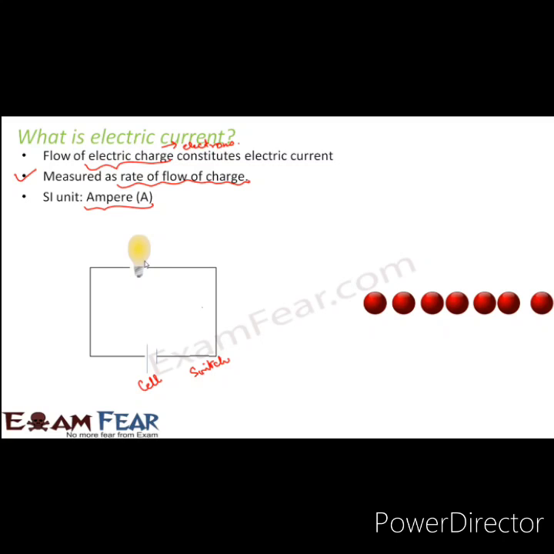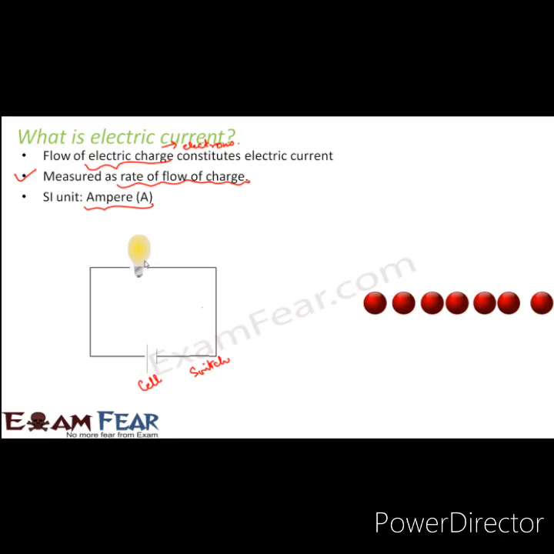Whenever these balls stop moving, the current in the circuit is zero, because the current is not determined by the presence of these balls. The current is determined by the movement of these balls. As long as they are moving, there is a current flowing through the circuit. The moment they stop moving, there is no current flowing through the circuit. So that is the concept.